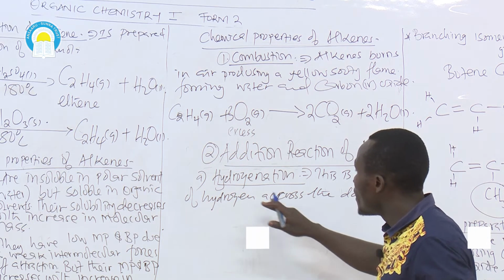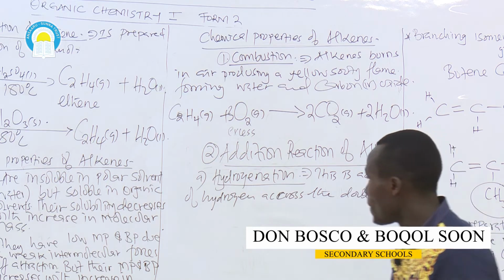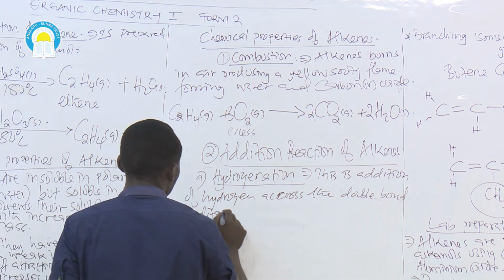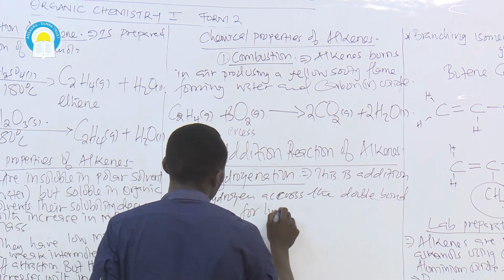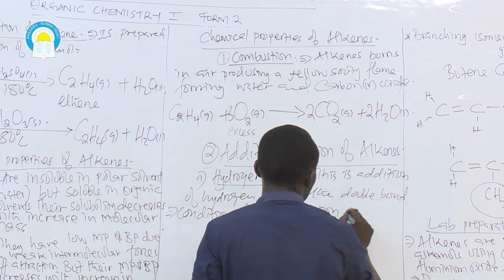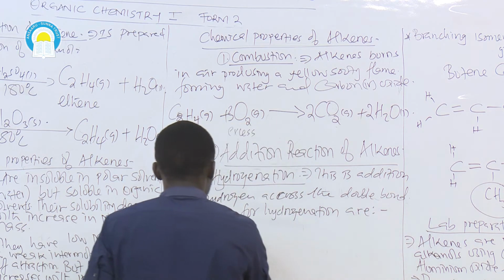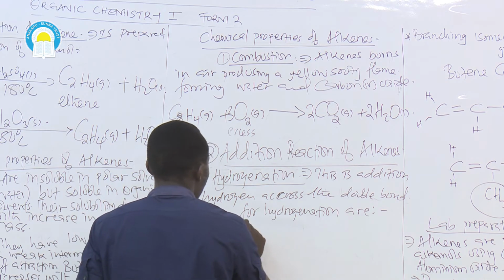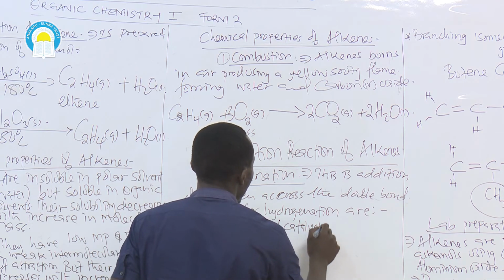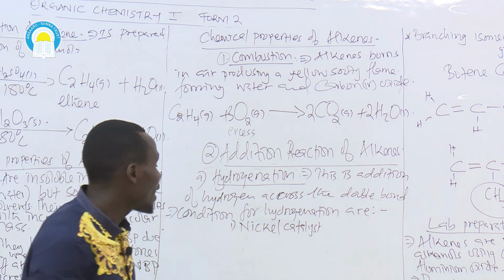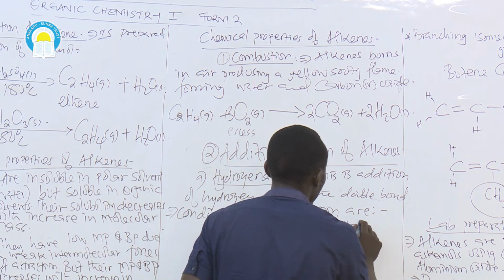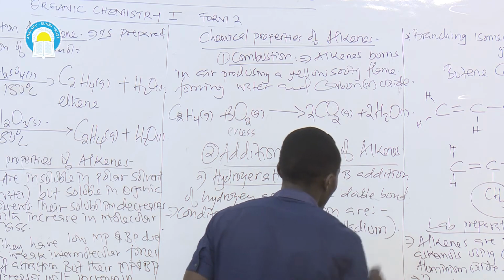What are the conditions necessary for the process of hydrogenation? The conditions for hydrogenation are: one, we must have a nickel catalyst. Apart from the nickel catalyst, we can also use what we call a palladium catalyst.